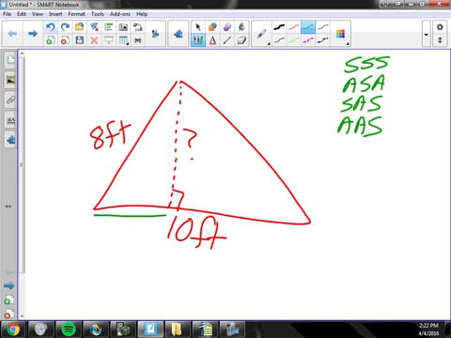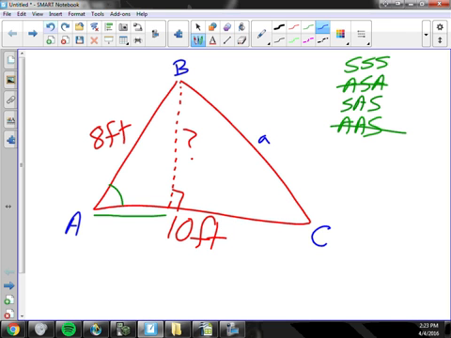Okay, so in this case, I know 2 sides, so these 2 are out. I either need to know the 3rd side or which angle? The angle between the 2 sides. This angle right here. Now generally, when we label triangles, we call the angles A, B, and C, and those are capital letters, and the side opposite that angle is the same letter, only lowercase.